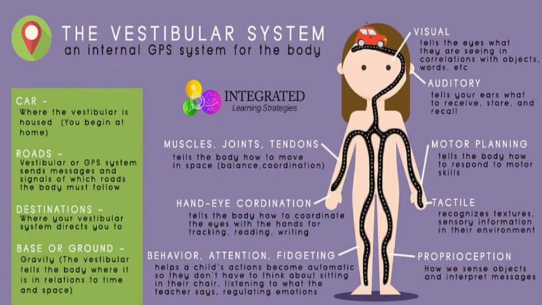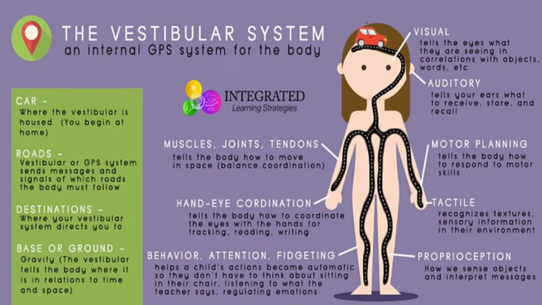So we have visual information that tells the eyes what they are seeing in correlation with objects, words, and so on. We have auditory input that tells your ears what to receive, store, and recall. Then we have motor planning that tells the body how to respond to motor skills. And of course this then tells muscles, joints, and tendons what to do, where to move in 3-dimensional space.